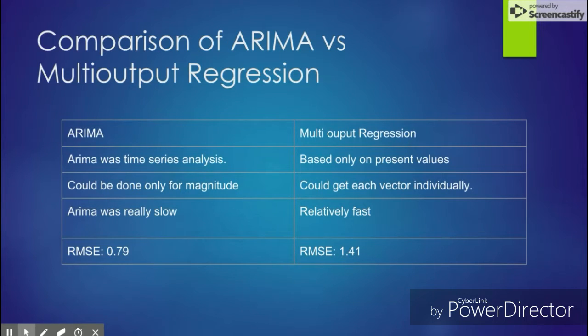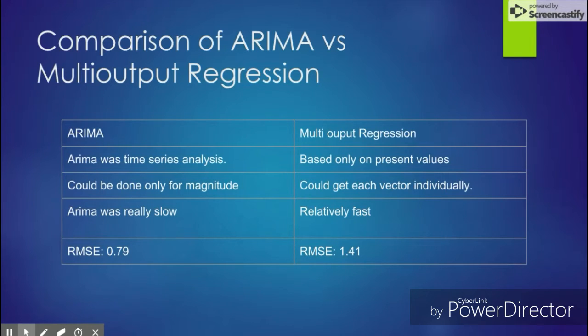ARIMA was a time series analysis, while multi-output was based only on the present values. ARIMA could be done only for the magnitude, while each individual vector could be obtained from multi-output.